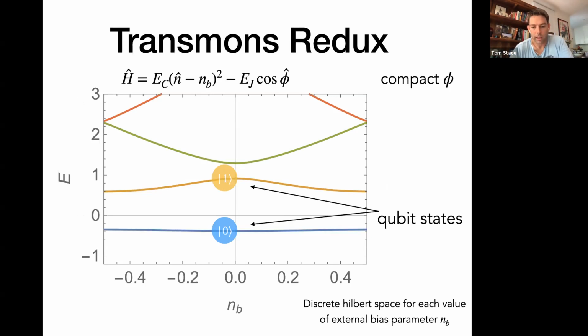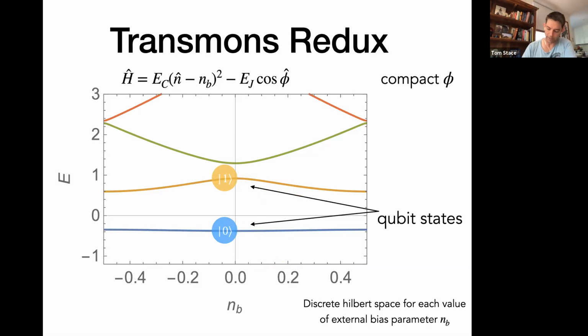So here's the transmon story, to reiterate again. Now I'm thinking about a transmon as being described by a compact phase with a superconducting Josephson junction term and a charge bias. And here's the spectrum as a function of the charge bias. That is, as I tune the charge bias, I tune the relative energy of the ground state to the first excited state.